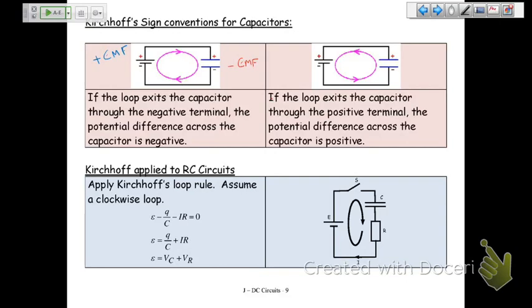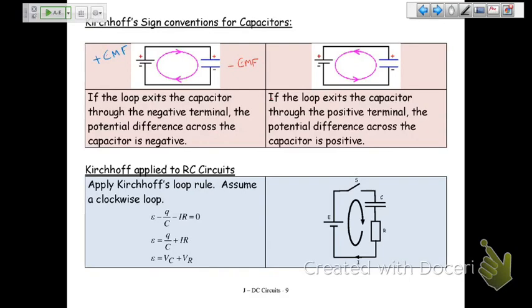If the loop exits the capacitor through a negative terminal, the potential difference across the capacitor is negative. So it's the same rule, really. If you leave a battery via the negative terminal, it's a negative EMF. If you leave a capacitor via the negative terminal, it's a negative potential difference. We left via the positive in this case and via the negative in that case, you add them together, you get 0. So it kind of works, it's kind of nice.